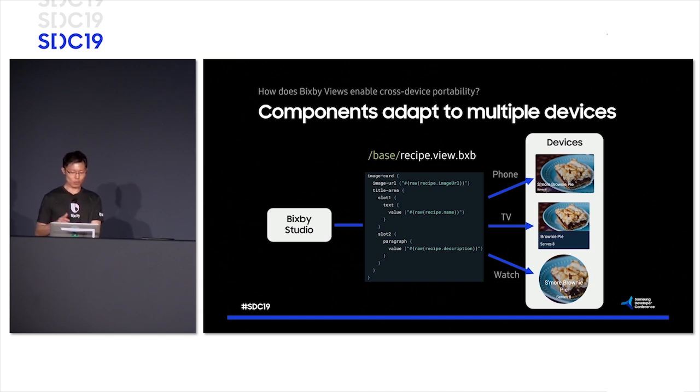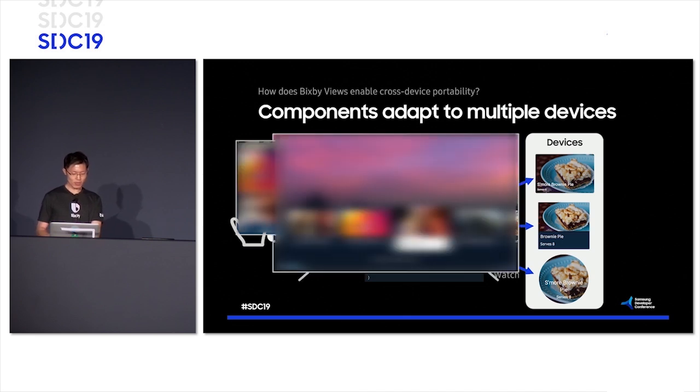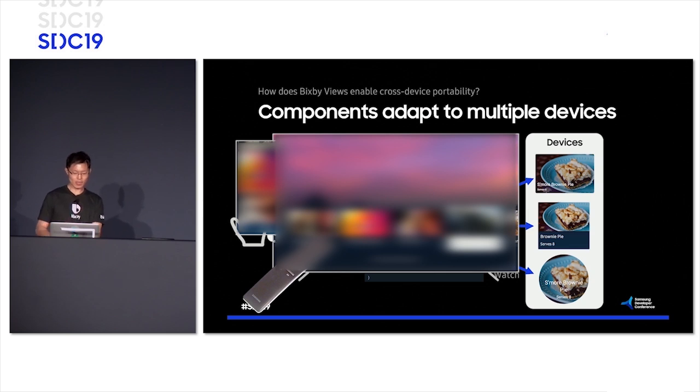It will look and work differently. For example, on a mobile device with a touch display, the user will be able to scroll using touch. On TV, which does not have touch but has a remote controller, the user will be able to navigate using the remote controller, and it will use a horizontal layout that's optimized for landscape display.